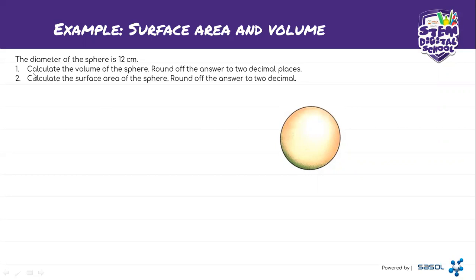The first question says, calculate the volume of the sphere, rounding off the answer to 2 decimal places. Let's see how we calculate the volume of a sphere.